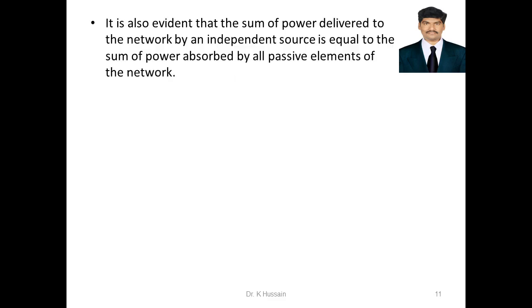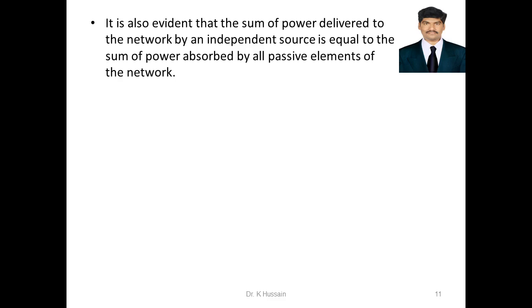Now we will see. It is also evident that the sum of the power delivered to the network by independent sources is equal to the sum of the power absorbed by all the passive elements of the network. That is because power is delivered by the sources, and that is equal to the absorbed power.